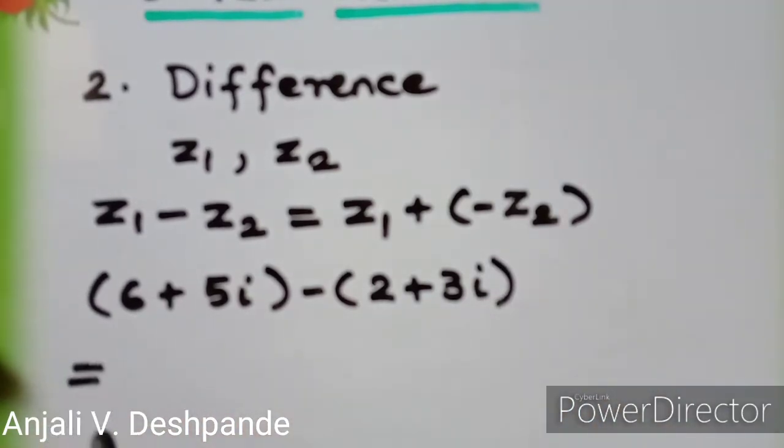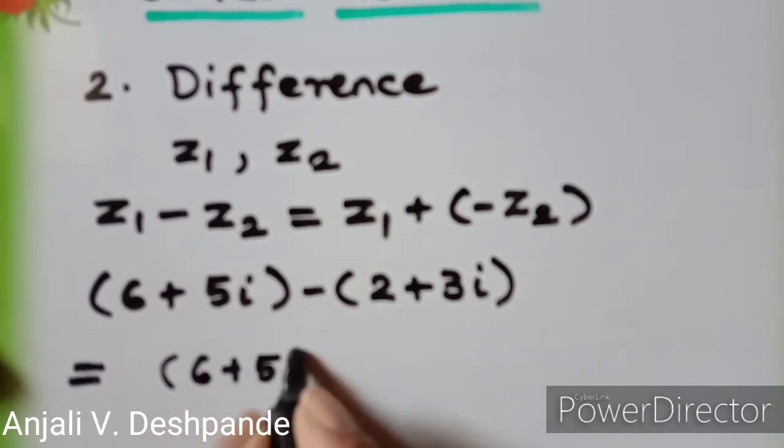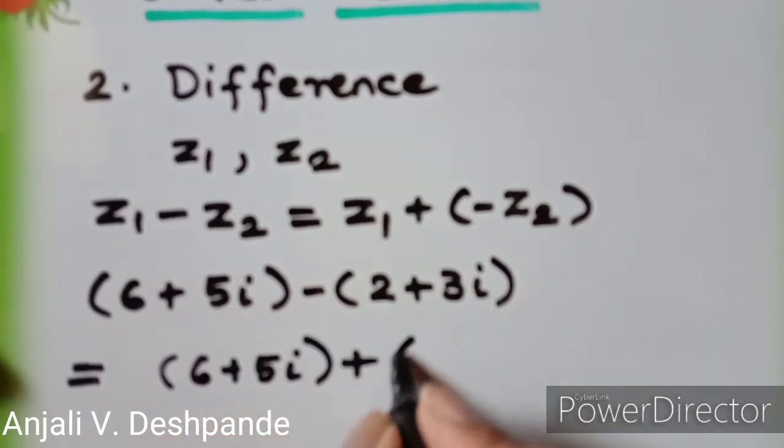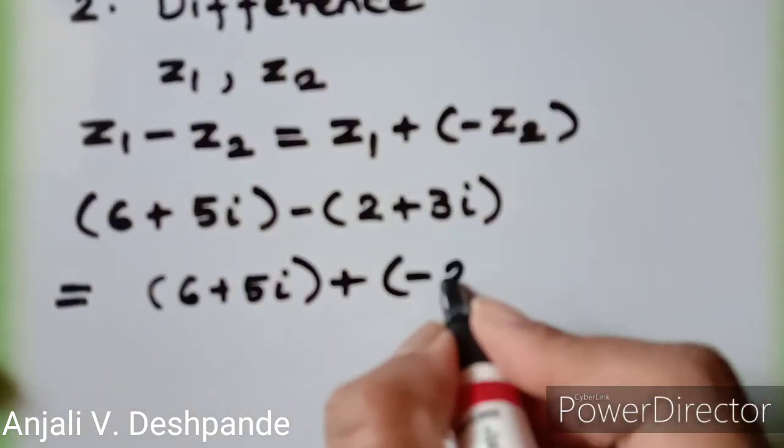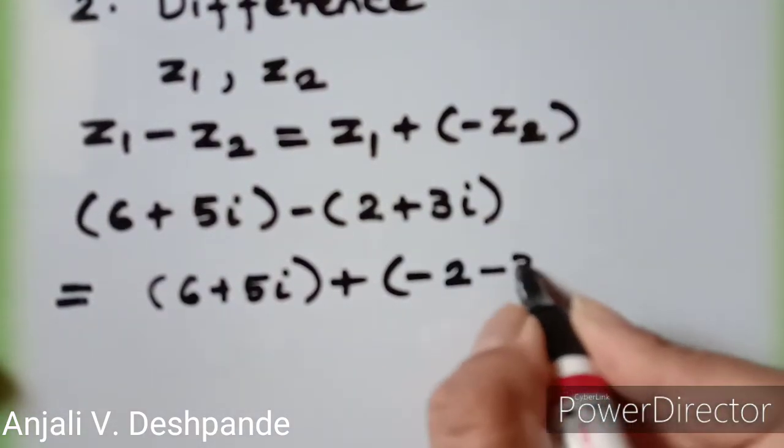Then this is equal to, how we will write this, 6 plus 5i plus, I will write this as minus 2 minus 3i.